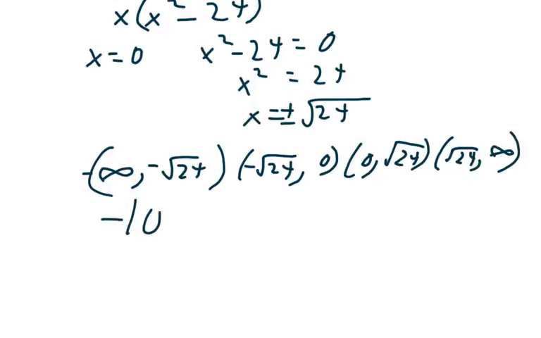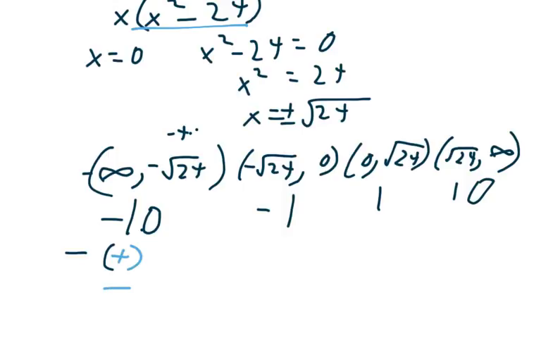So I'm going to pick a really big negative number like negative 10. I know that this is around negative 4 point something. And so I'm going to pick a negative 1 here, positive 1, and 10. So when I plug in negative 10, I'm going to get a negative, and then this part is going to be positive, which means that this is part of my answer, which is decreasing.